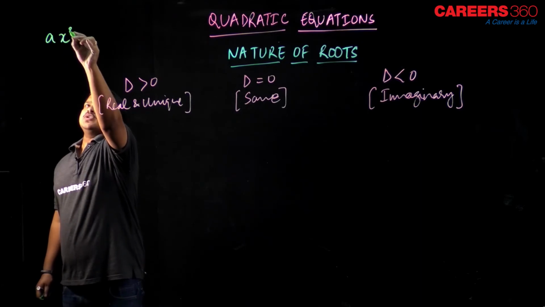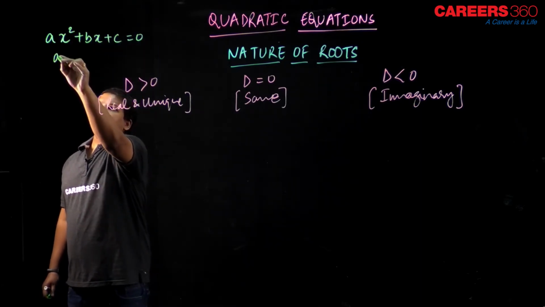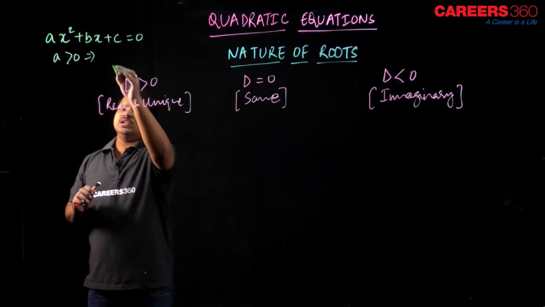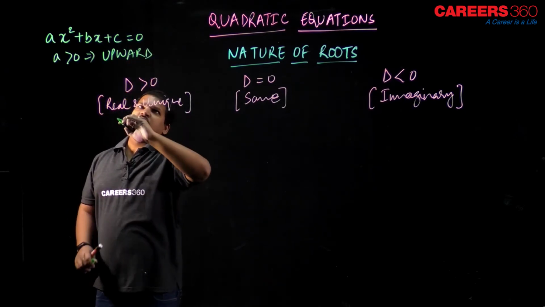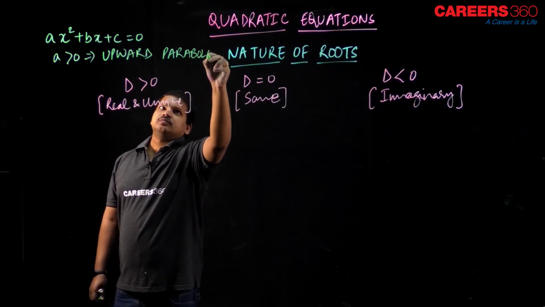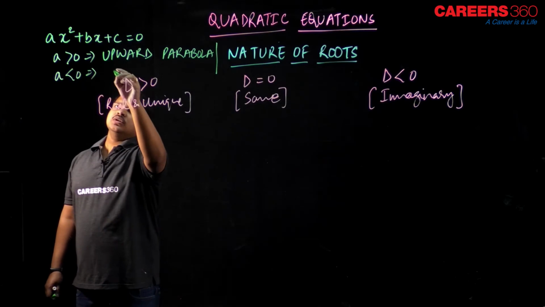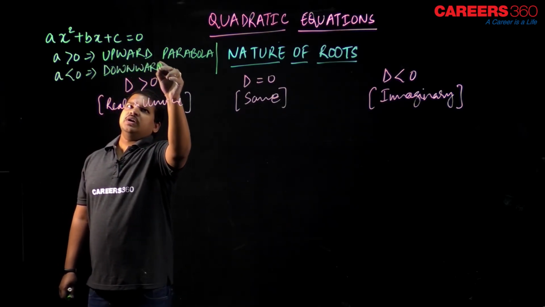Now, for any quadratic equation ax square plus bx plus c equals 0, if a is greater than 0, it results in an upward parabola, and if a is less than 0, it results in a downward parabola.